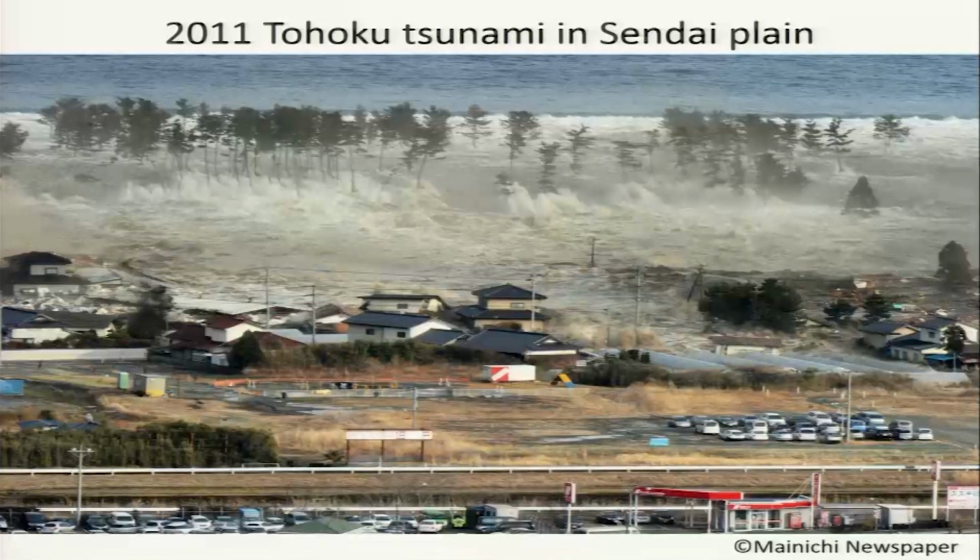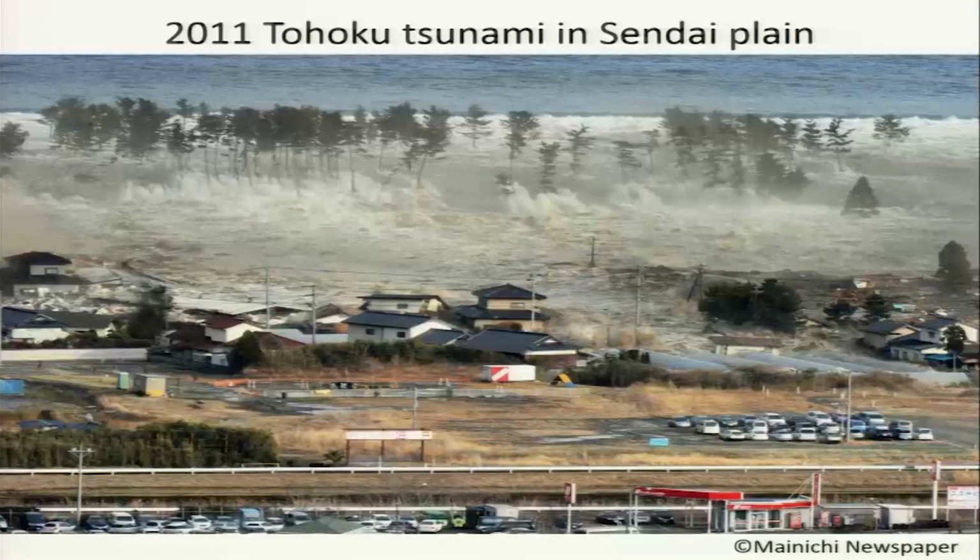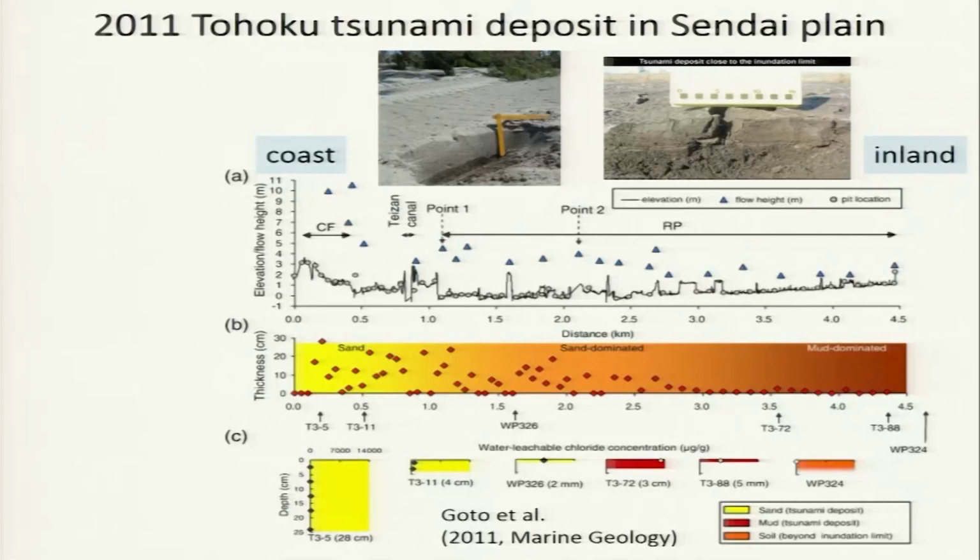Okay, so what I was telling is that they knew that a similar 2011-type earthquake could occur anytime in this region. This slide shows the wave height at the time of the 2011 Tohoku tsunami in the Sendai area.